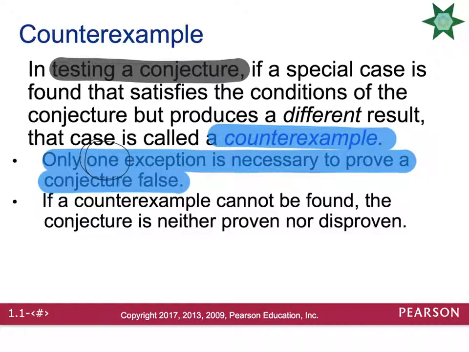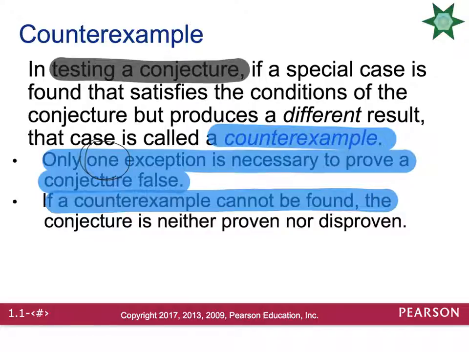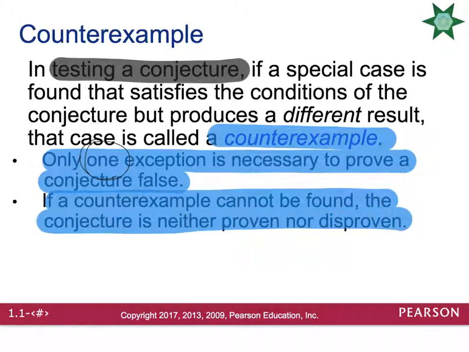Only one exception, okay? If we can't find a counterexample, it doesn't mean we've proven it, it just means we haven't disproven it, okay? So you have to understand with inductive reasoning is that we're not really proving anything. We're only able to disprove by a counterexample.